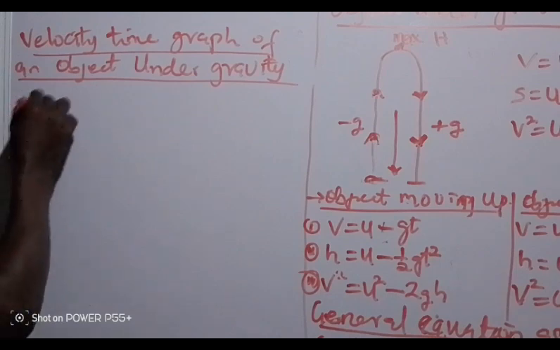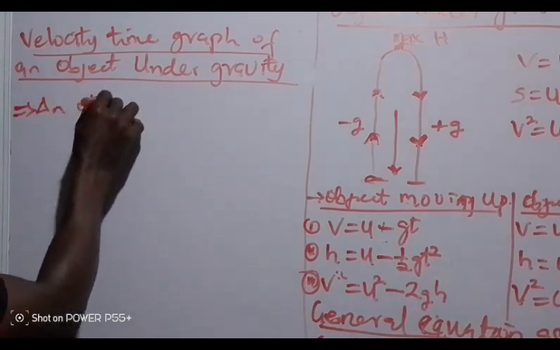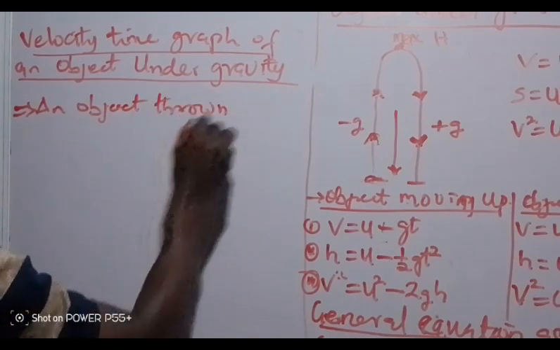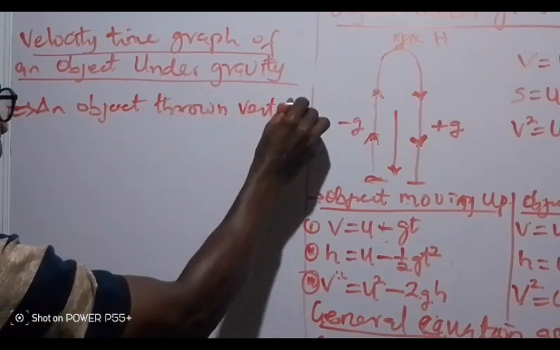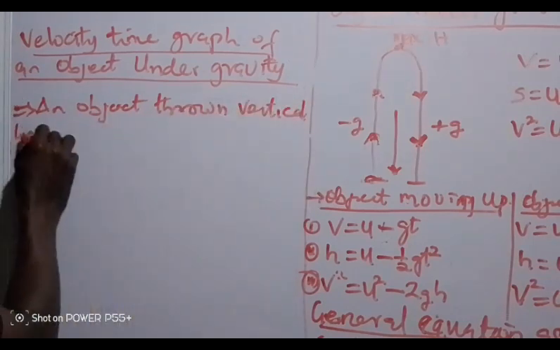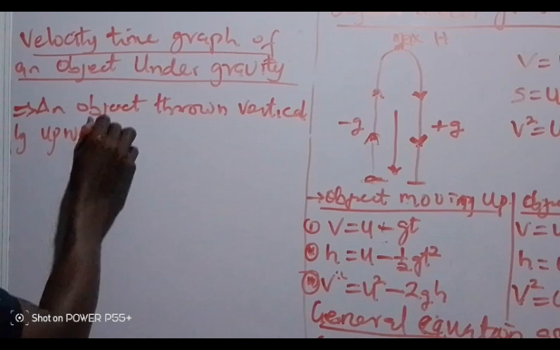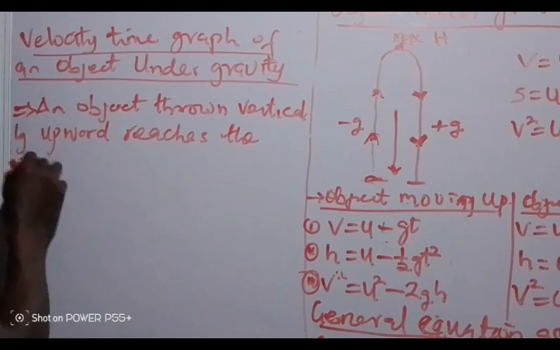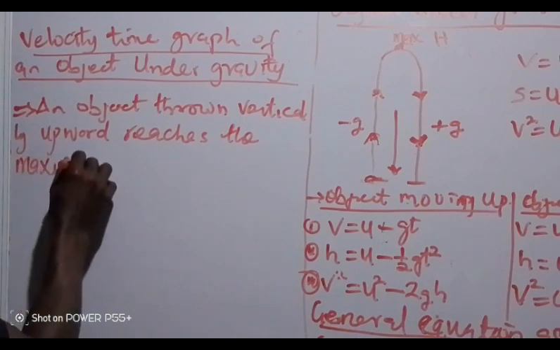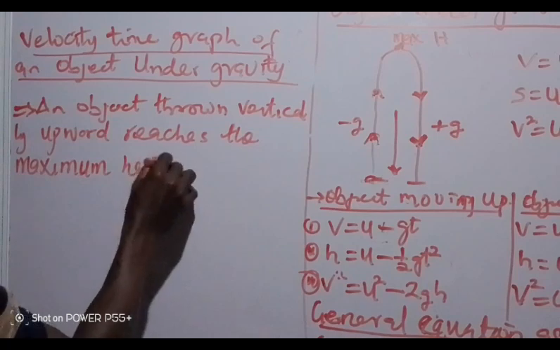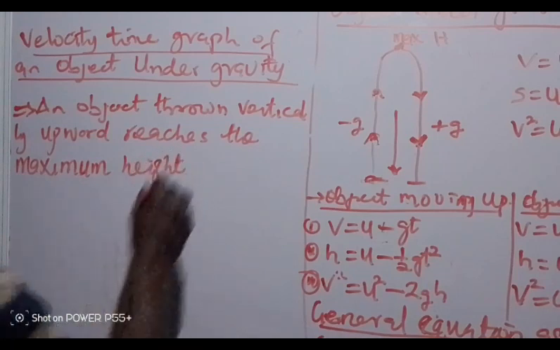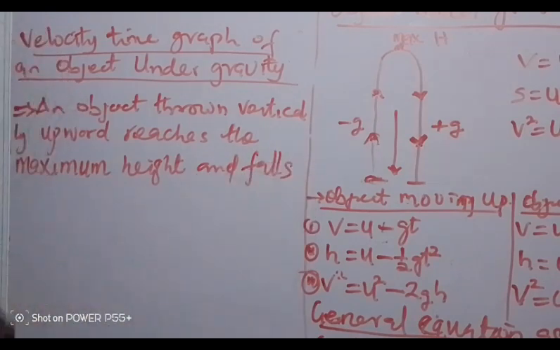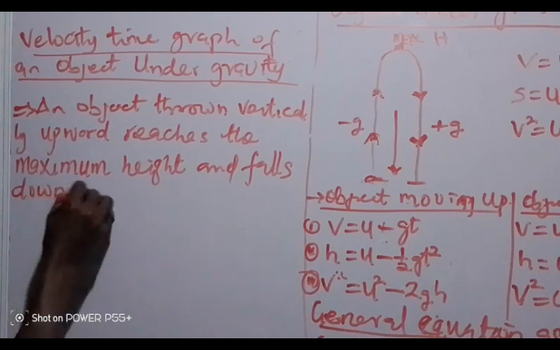An object thrown vertically upward reaches the maximum height and falls down to the ground.